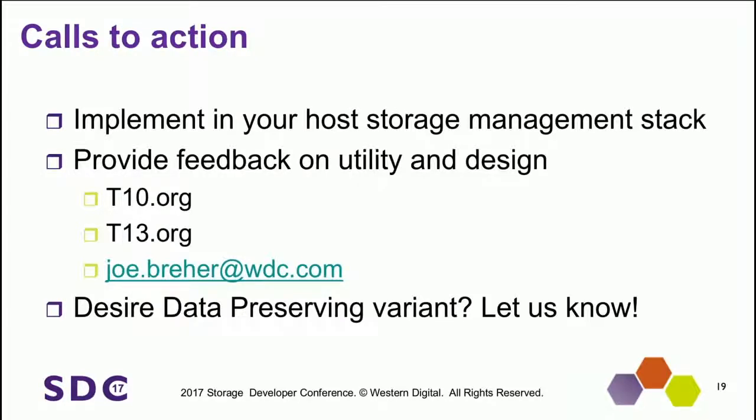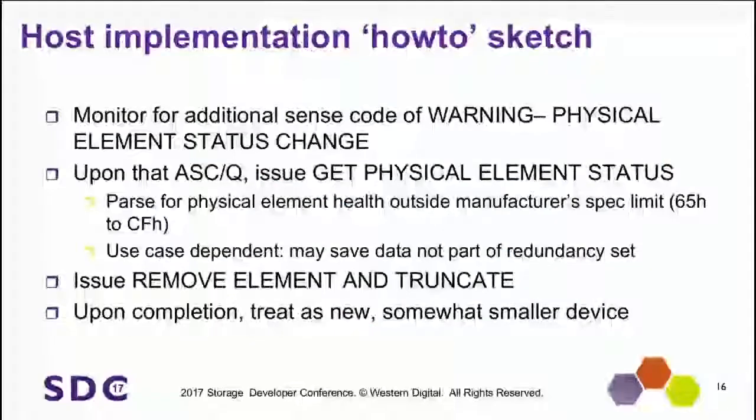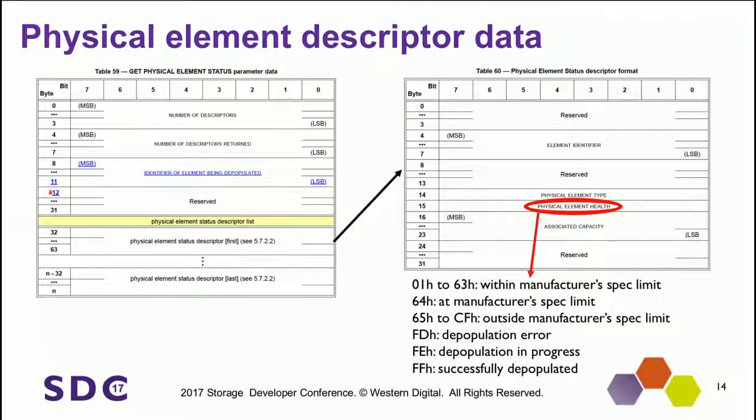Again, so another extension that was in the online logical depop functionality set was get LBA mapping, right? Once one did the get physical element status, right, and found that element identifier X was bad, then one could issue get LBA mapping with the element identifier, and it would return the list of LBA ranges that are currently mapped to that element.